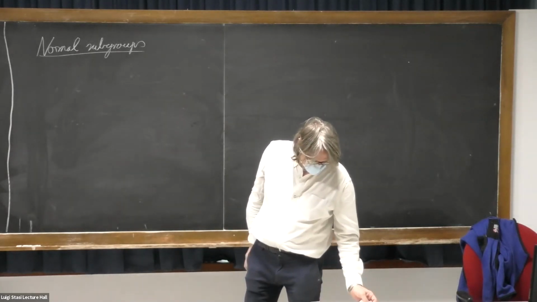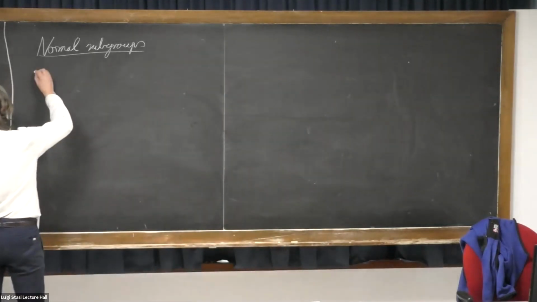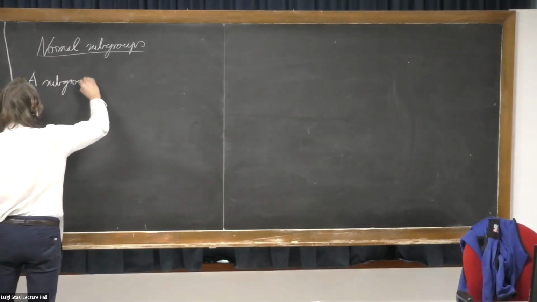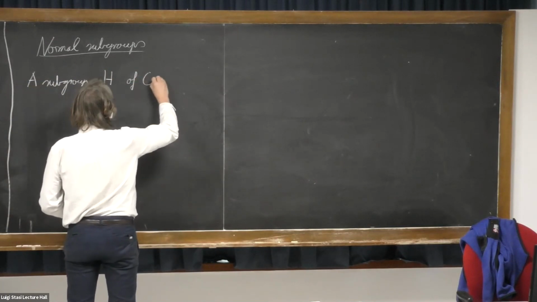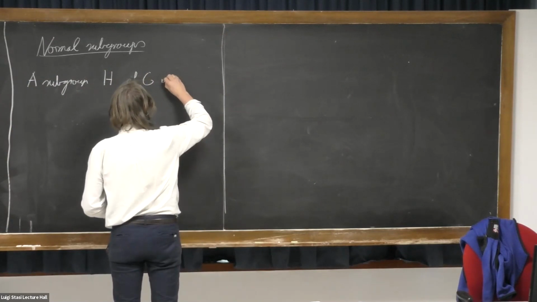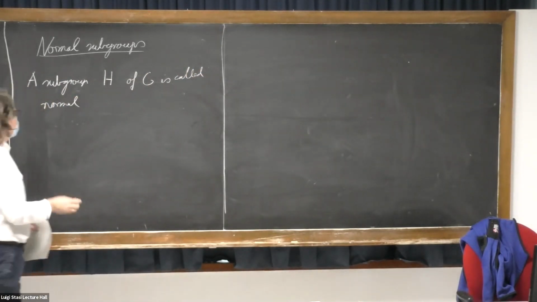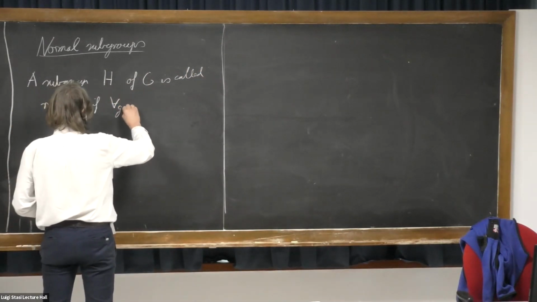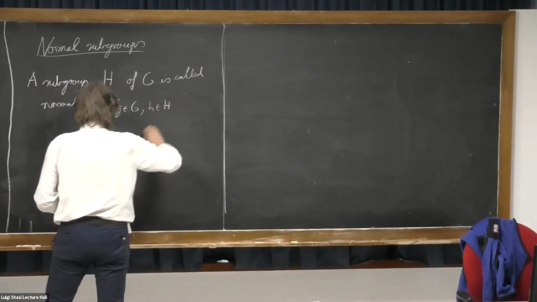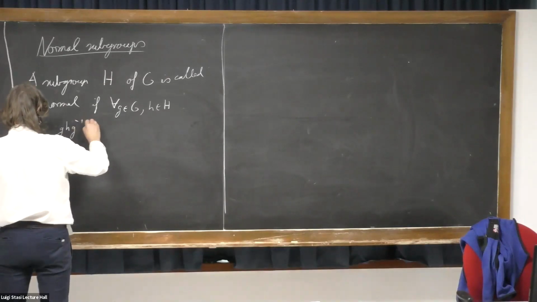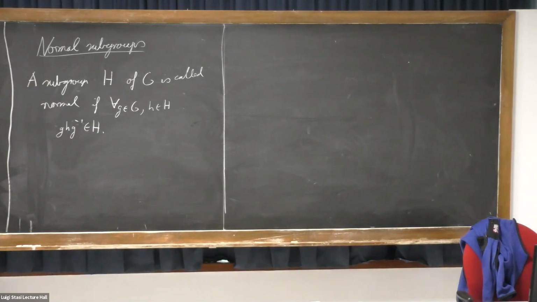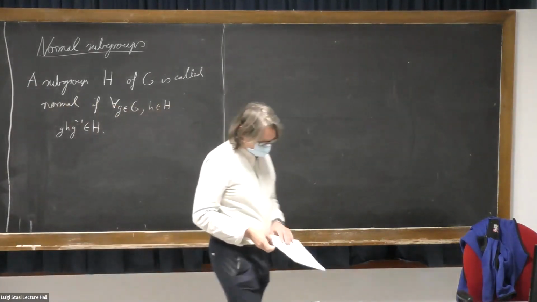A subgroup H of the group G is called a normal subgroup if we have the following: for all g in G and all h in H, we have that g h g to the minus 1 is in H. We have motivated that this is a necessary condition for it being possible to form a group by just looking at the multiplication of the cosets. Okay.